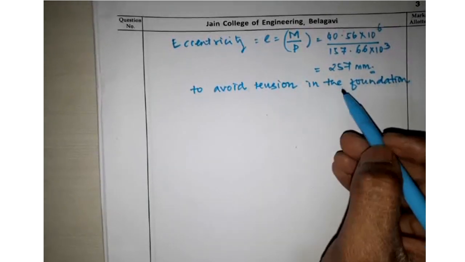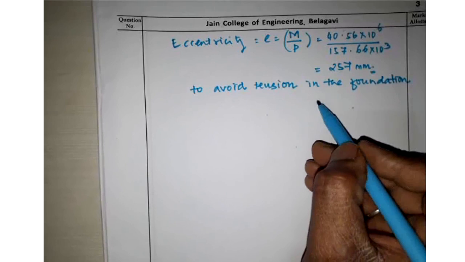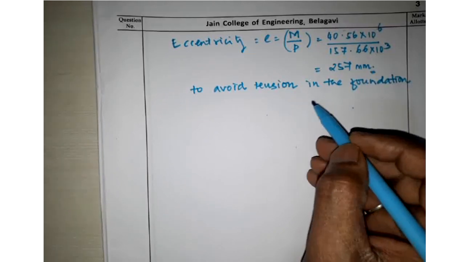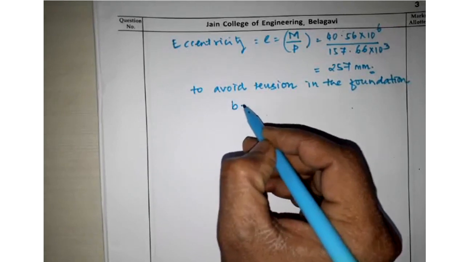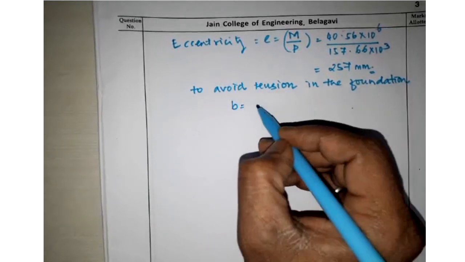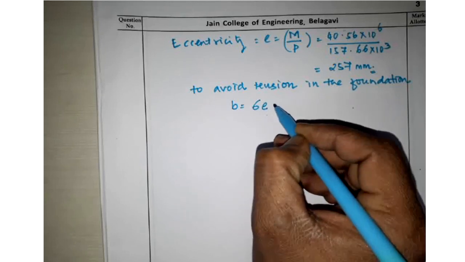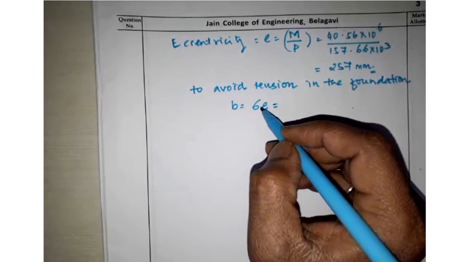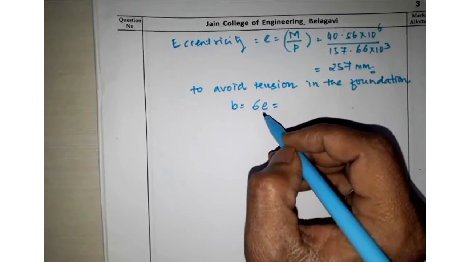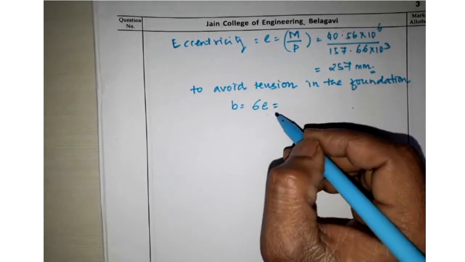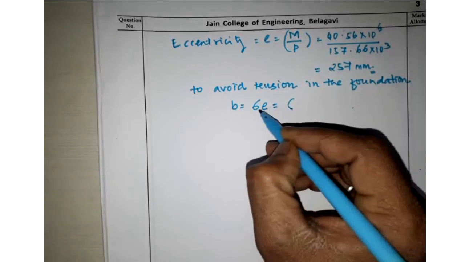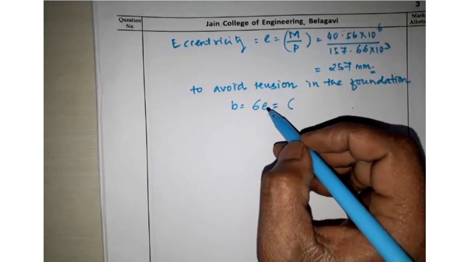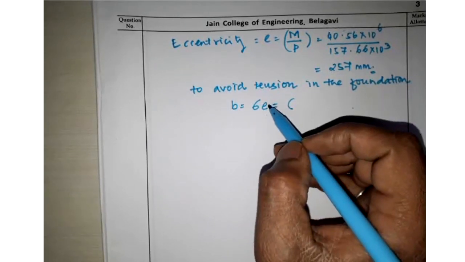So the width of the foundation should be equal to 6e. If you use a minimum width of 6 times e, then there will not be tension in the foundation. The concept of 6e was discussed in the design of cantilever retaining wall, so you can check there.